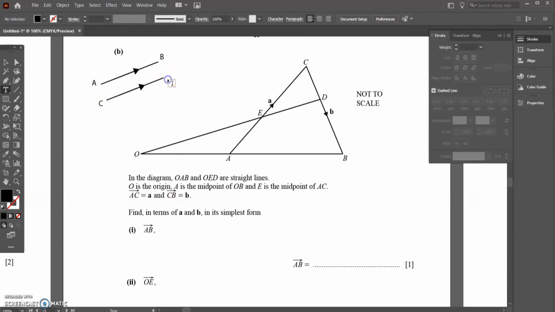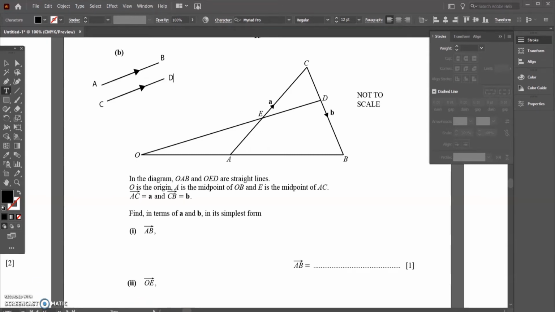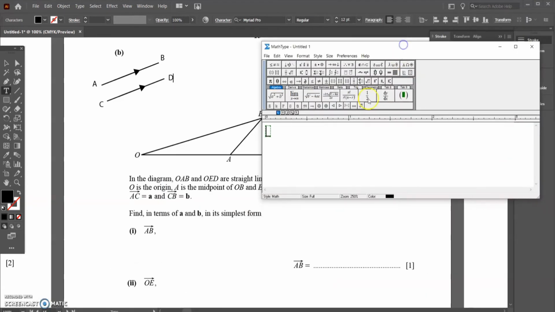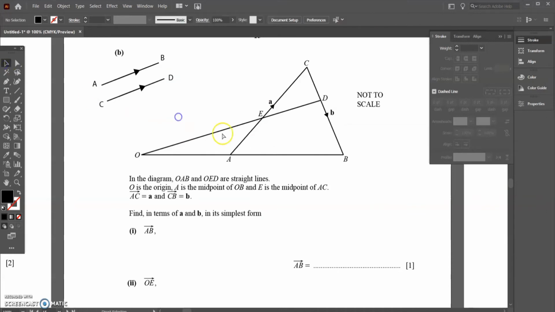If they are parallel, remember I told you that we are able to write this as AB equals lambda of CD. If they are collinear, this is also parallel. Remember that we talked about this.